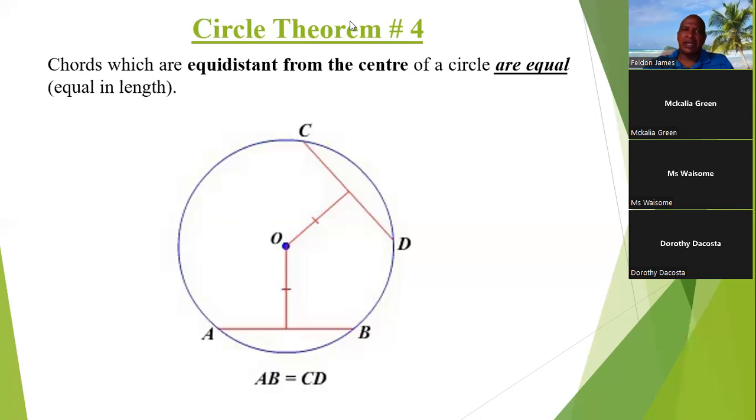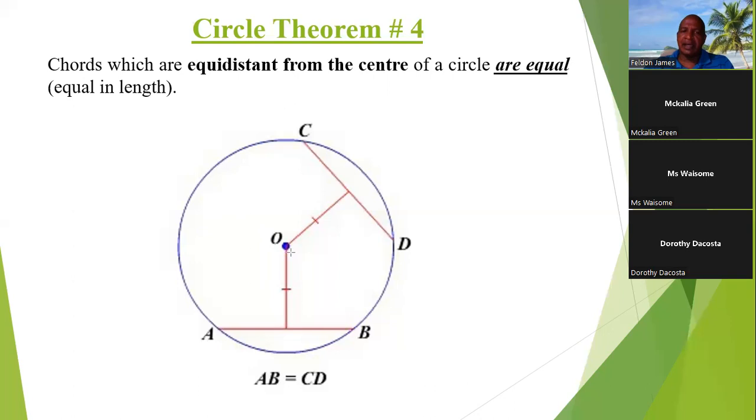what this is really saying in terms of the theorem is that it's a vice versa thing. The first theorem had said, if these chords CD and AB have equal length, then they are the same distance from the center.